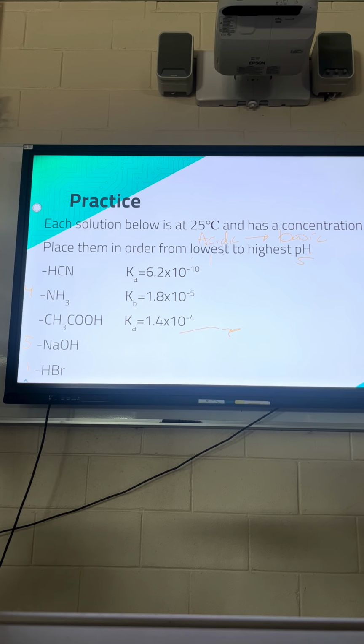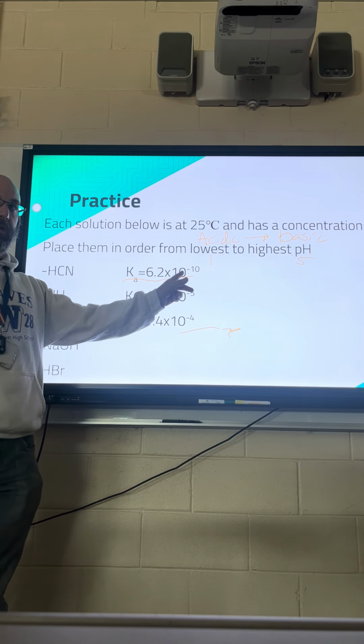Now, by the way, between hydrocyanic acid and acetic acid, who's the stronger acid? Who's got the lower pH? We can tell by looking right here.